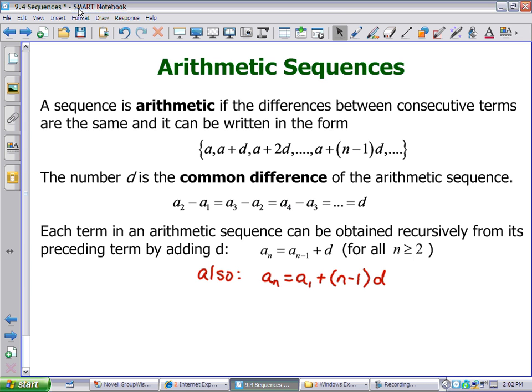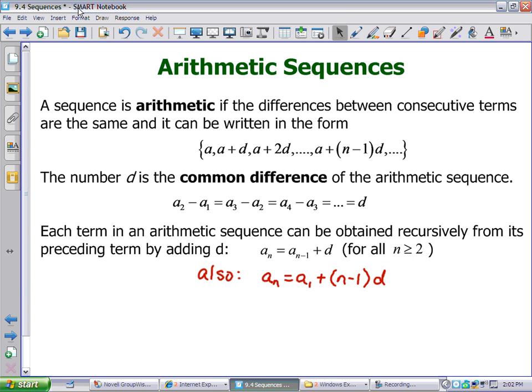The number D is called the common difference, meaning that if you take the term following the original term and you subtract it, it should be the same as if you take the end term and you subtract the term before it, and so on. Every number is going to have the same difference between it.